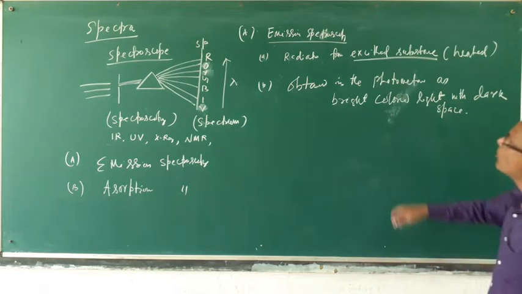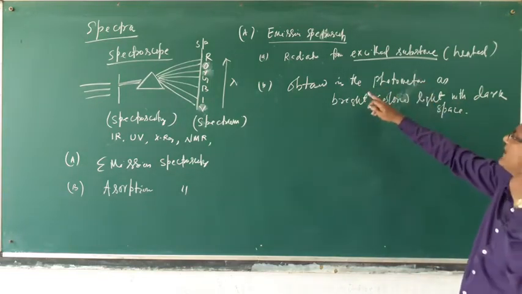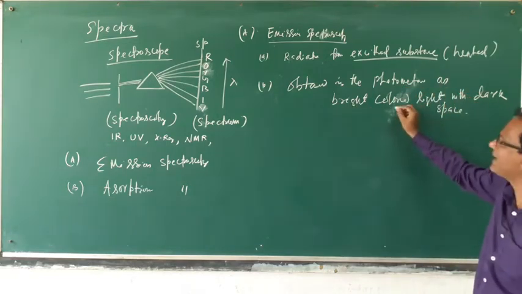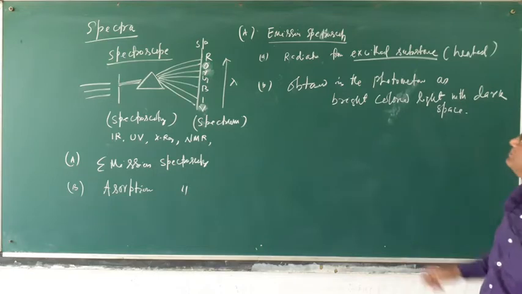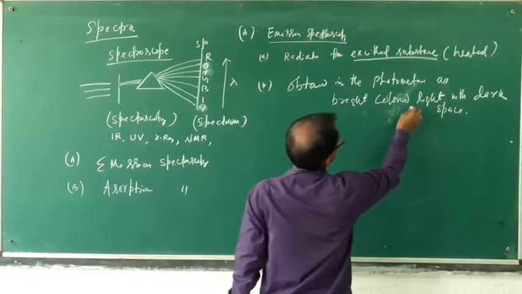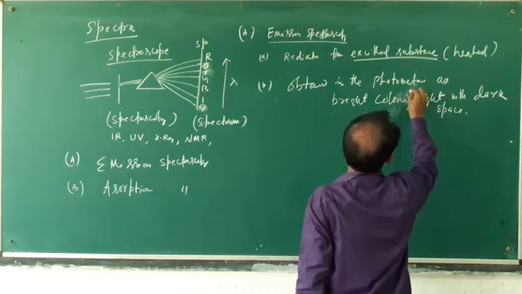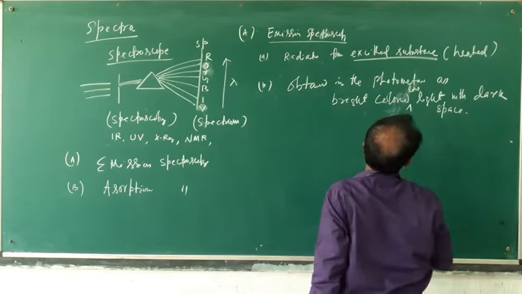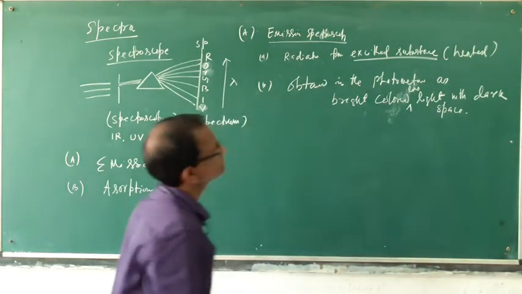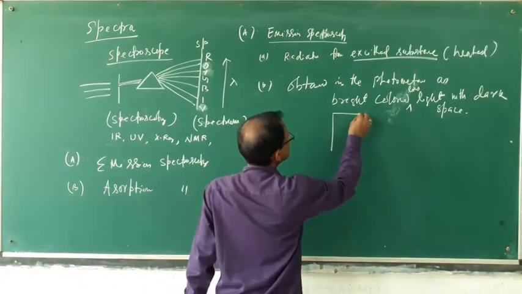What is the characteristic of emission spectra? It is obtained in the form of bright lines, bright color lines, light with dark space. That means it is observed like this.